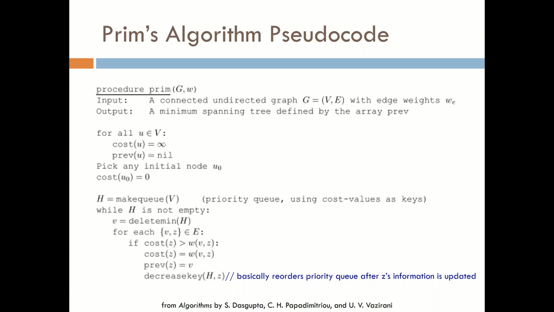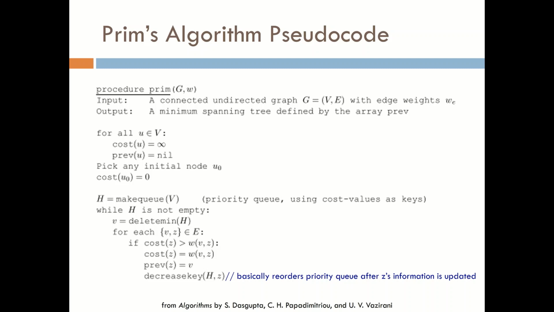And so you can see that initialization, that first for loop, looks a lot like Dijkstra's. In essence, it sets all the costs to infinity and sets all the previous's to nil. In this case, that's the same thing as setting it to -1, and allows you to pick any node.